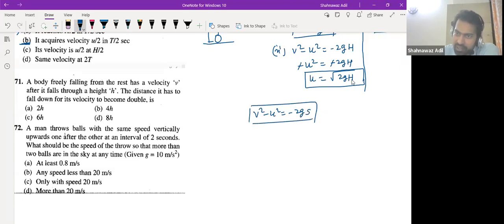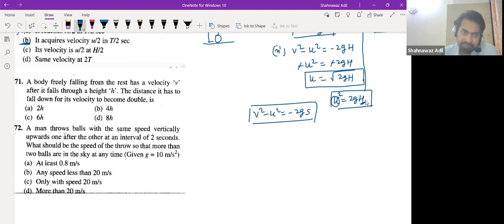And at h point, my u is how much? u square is 2gh, right? So I have calculated this initial velocity in the form of the maximum height.